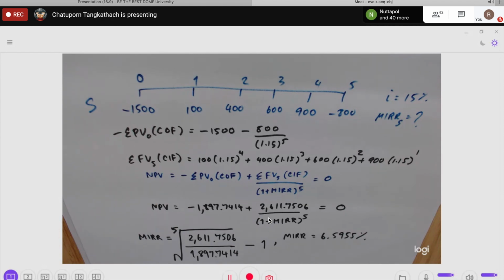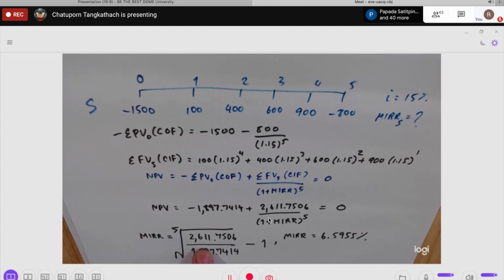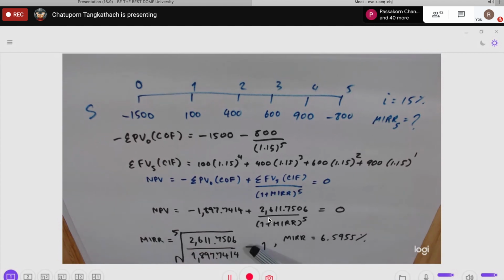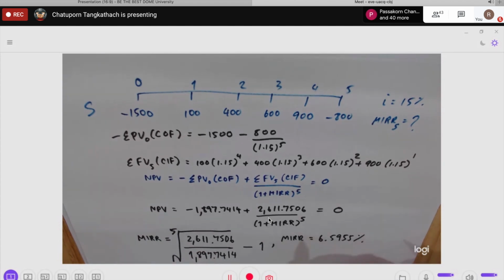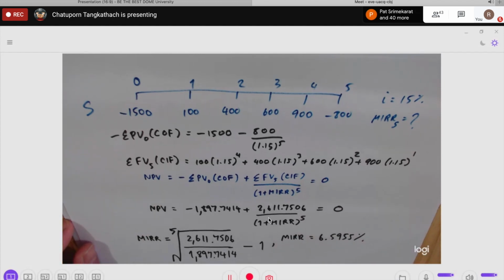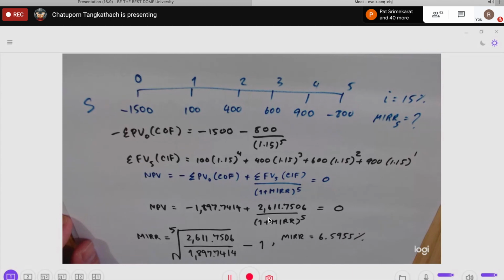Can you explain again how to compute the MIRR, from the NPV, from the last step? When we know how to compute from the calculator. From the equation or from the calculator? From the calculator.